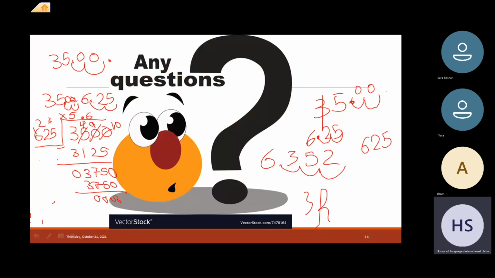I want to make it 0, so I have to add a 0 and a decimal point to continue dividing. So you have 3,750. Divide by 625.